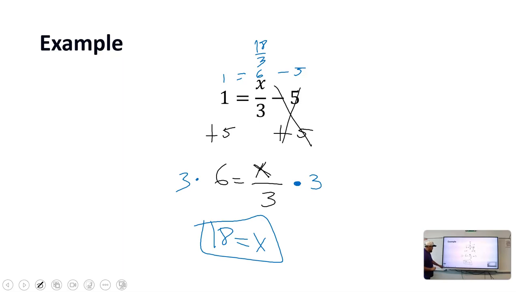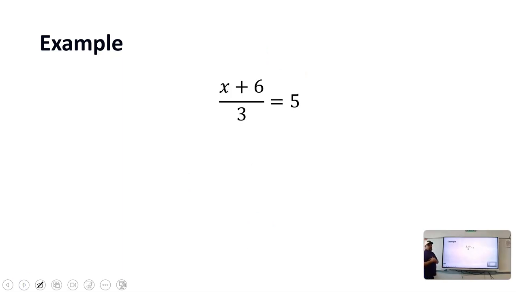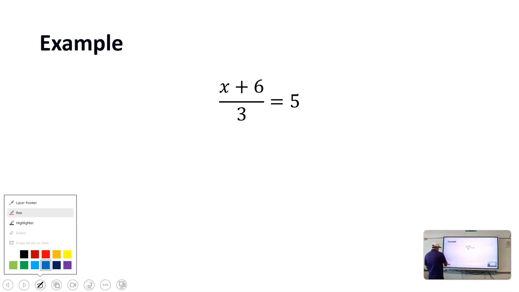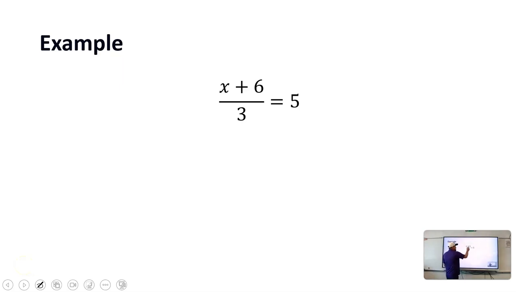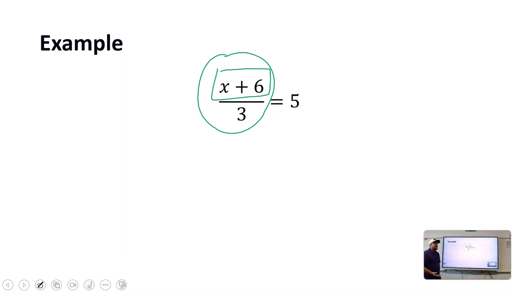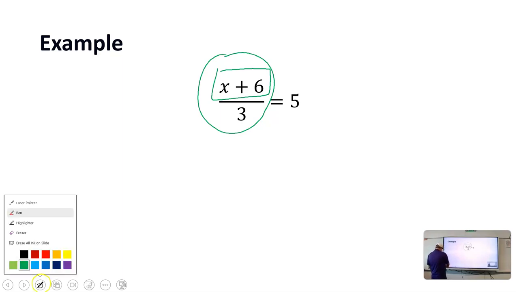So that works. Okay, now this is one of those that I was trying to point out earlier that might be slightly different. Notice we do have an addition or subtraction, but it's in the numerator of this whole fraction. So I cannot subtract 6 first. That is not going to work.